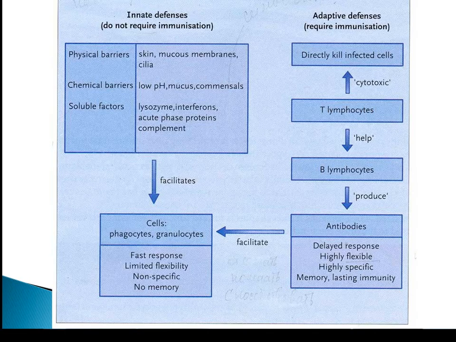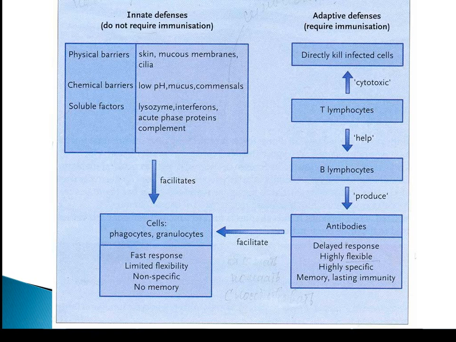Here we can see the physical barriers, as I mentioned, and chemical barriers. Soluble factors also provide innate immune response, like lysozyme, interferons, and antibacterial peptides. Defensins are also present. They are synthesized and released by the epithelial cells.